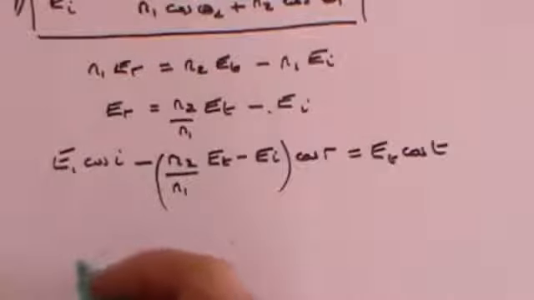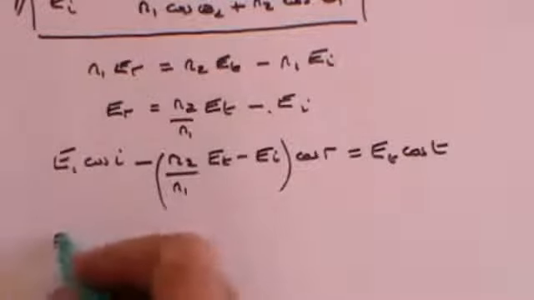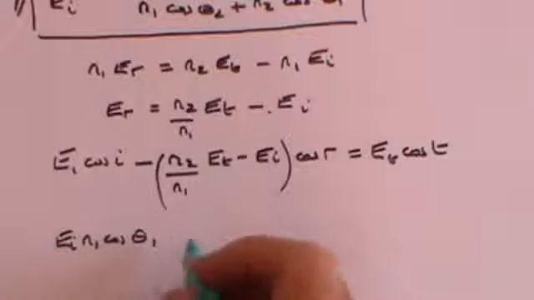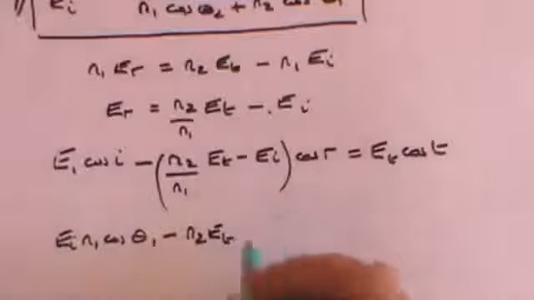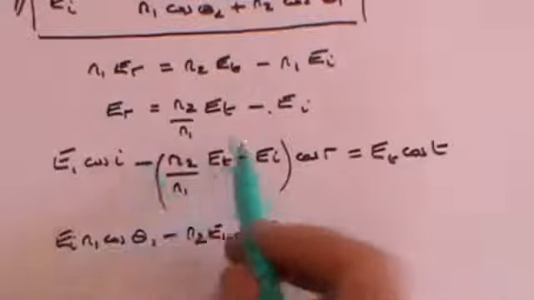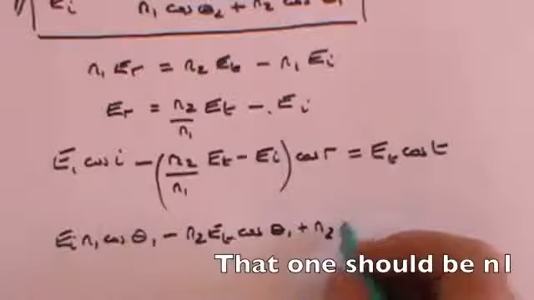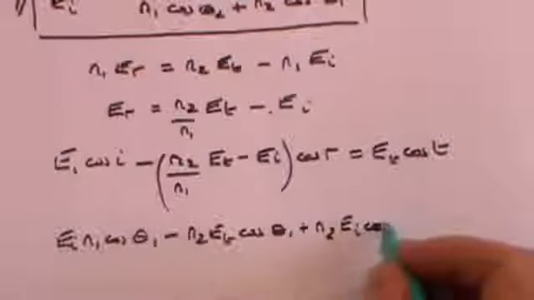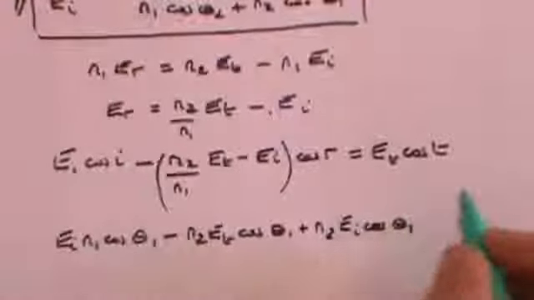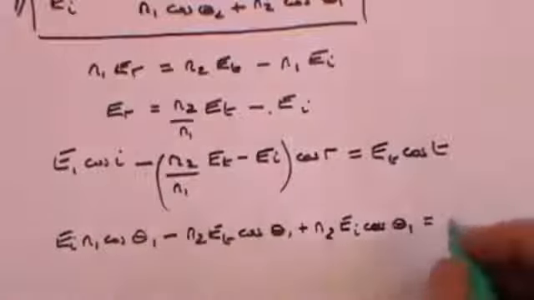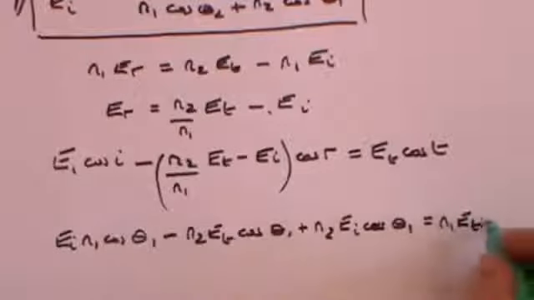We're multiplying through, so we're going to get that EI N1 times cos theta 1 equals, minus N2 ET times cos theta 1, minus times minus is plus N2, that's right, times EI cosine theta 1 equals ET, well, we're multiplying through by N1, so it's N1 ET cos theta 2.